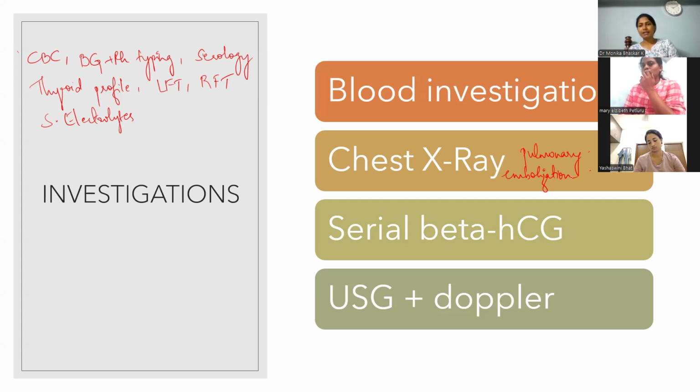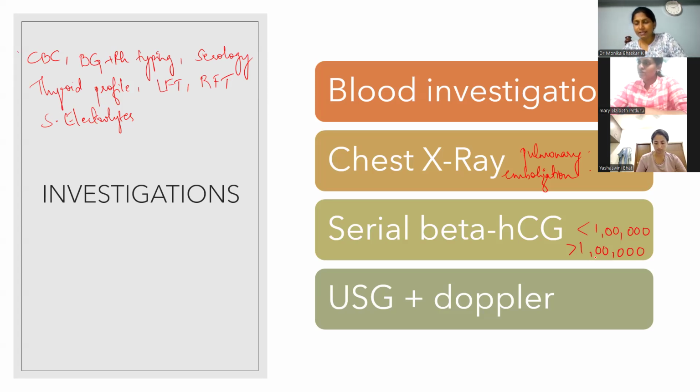And also, beta HCG is very important. Pre-evacuation beta HCG is very important. You should know whether it is less than 1 lakh or more than 1 lakh. Usually in a complete hydatidiform mole, it is more than 1 lakh, but in a partial hydatidiform mole, it is less than 1 lakh.